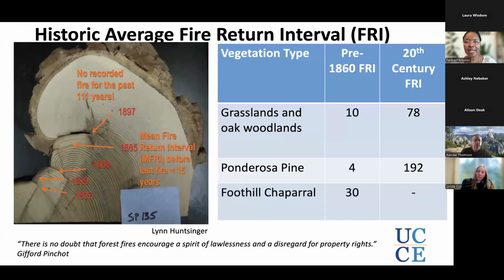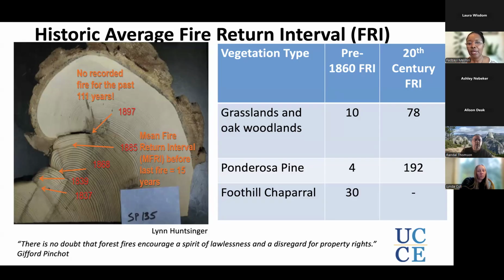So here's an example to show that historically, the fire regimes in California have been more frequent than what we have been experiencing recently, outside the wildfires that we are now experiencing more often. In grasslands in the past, fire would come through on average every 10 or so years.